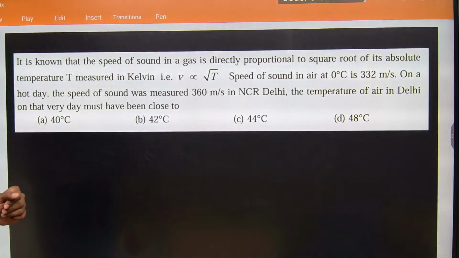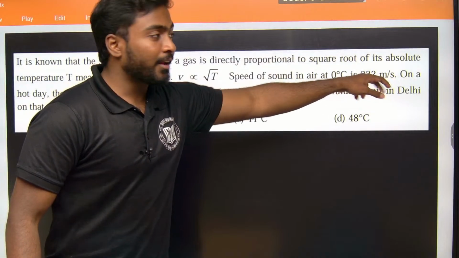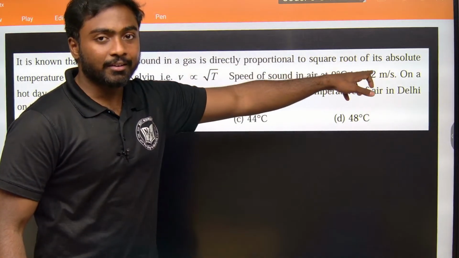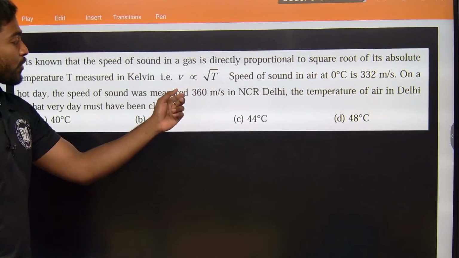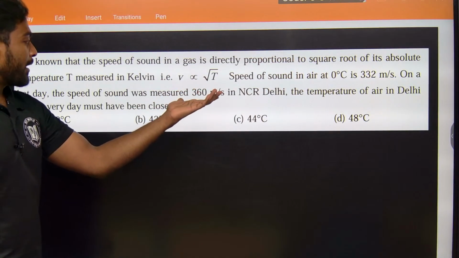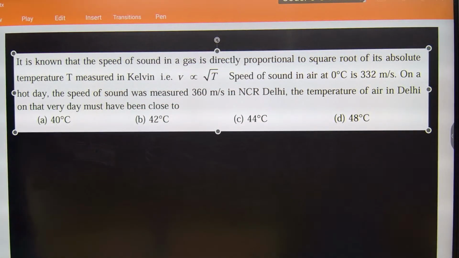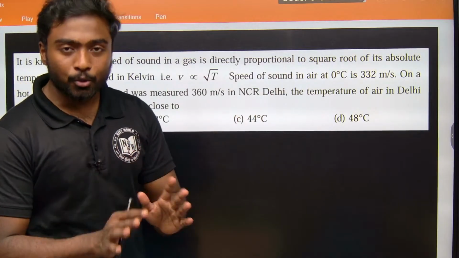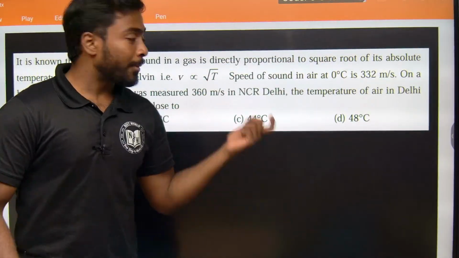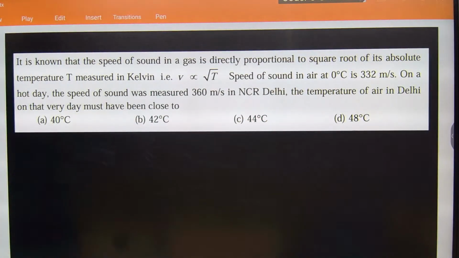Here they have given 332 meter per second when the temperature is 0 degree Celsius. When the temperature increases or decreases, the speed changes here, so I need to find the temperature. They have given that V is directly proportional to root T, so by using this I can find that.